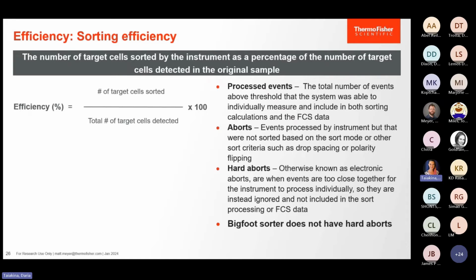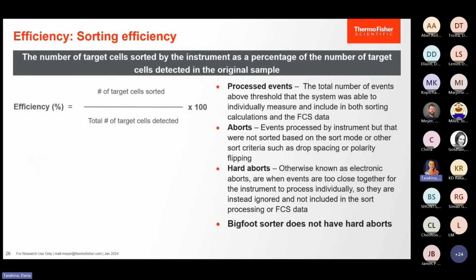That's the difference from an abort, which is something the system physically sees and says, "Oh, I can't sort that because it doesn't meet the sort criteria," whether that's something you set up on the system or something the system decides. But a hard abort is different: the system is just going to ignore that, and it's not going to include it in the sort processing or the FCS data.